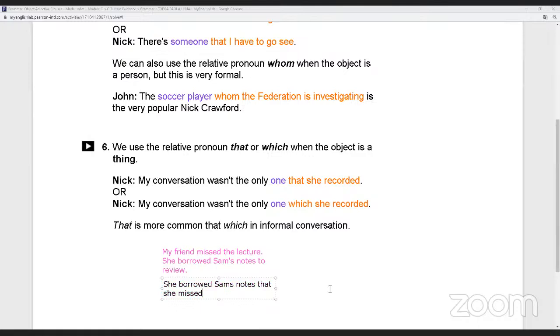Don't forget the period, right? She wrote Sam's notes that she missed. And where is this part to review?